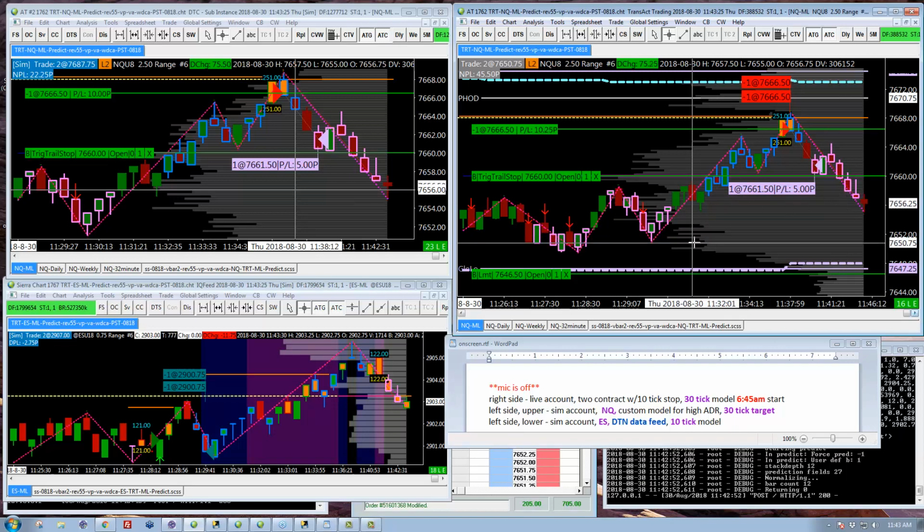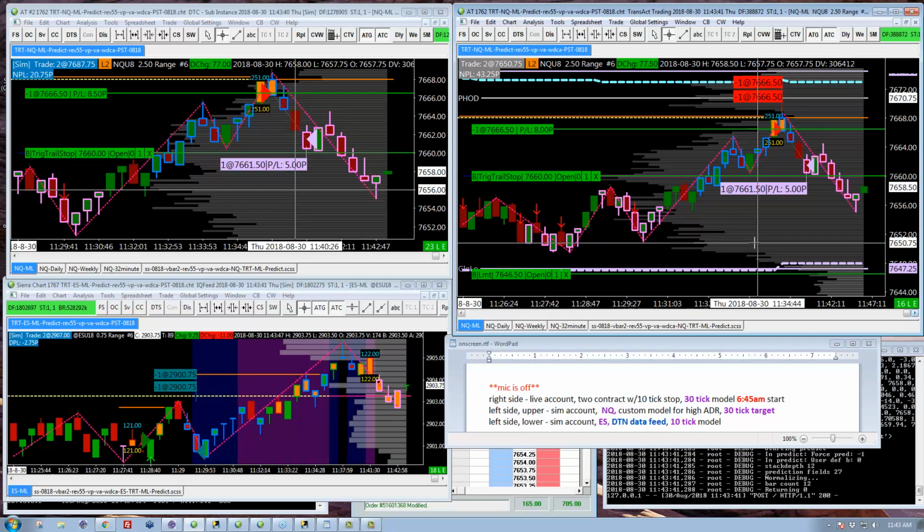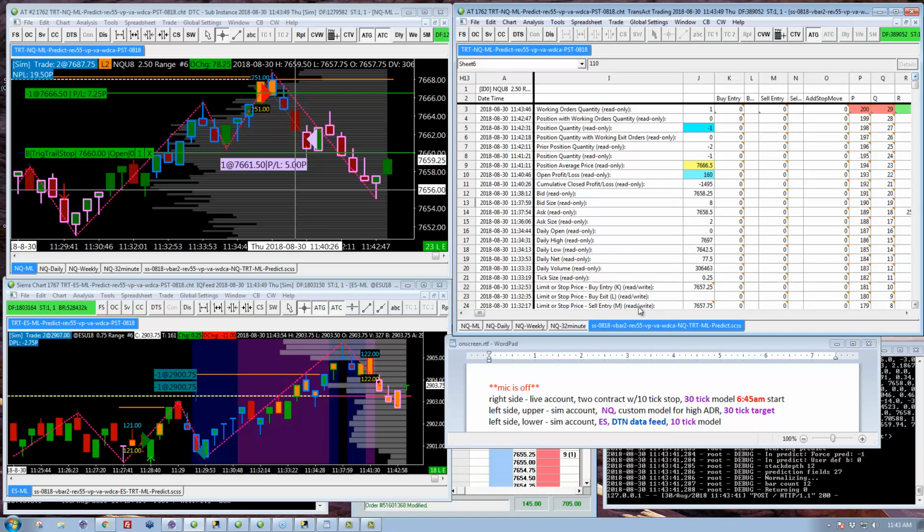And I've seen a couple cases now where you get this nice run, and I don't have a restriction on being too far away from the entry to do an add. There was one instance where I saw that's kind of a silly thing to do. So we'll see here. I don't know if we can get down there or not, but it's something to think about.